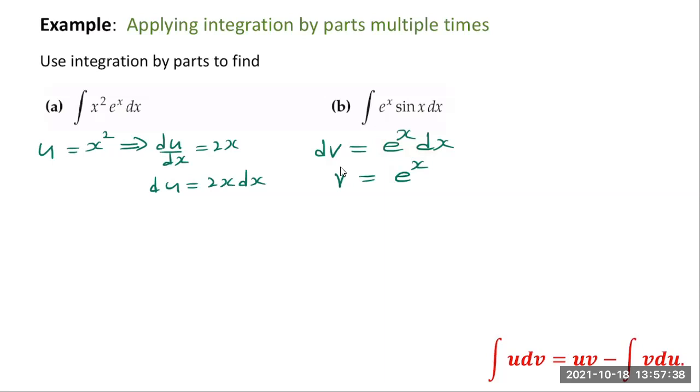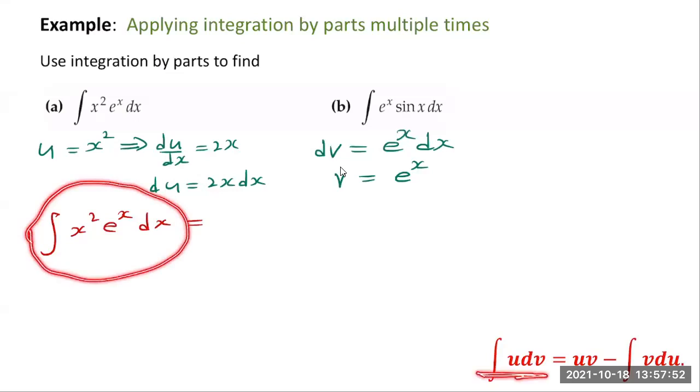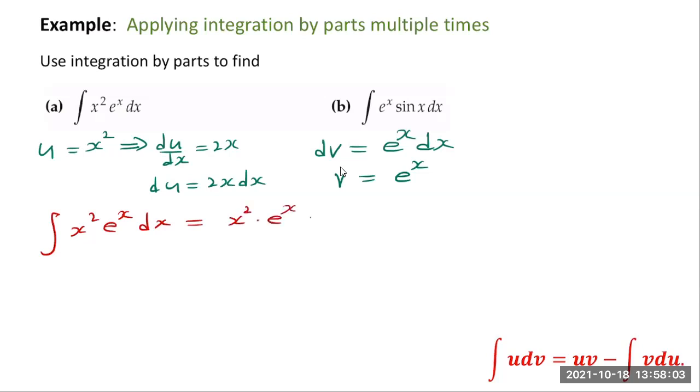Now let's go with the integration by parts formula. The integration of x squared e to the power x dx is equal to uv minus the integration of v du. uv is x squared times e to the power x, minus the integration of v du. v is e to the power x, du is 2x times dx.